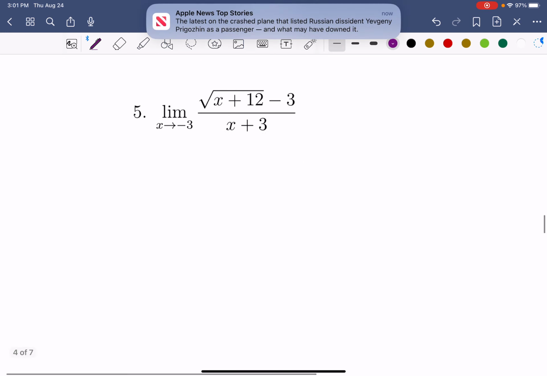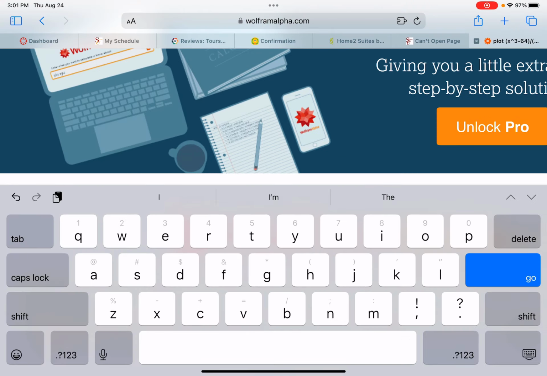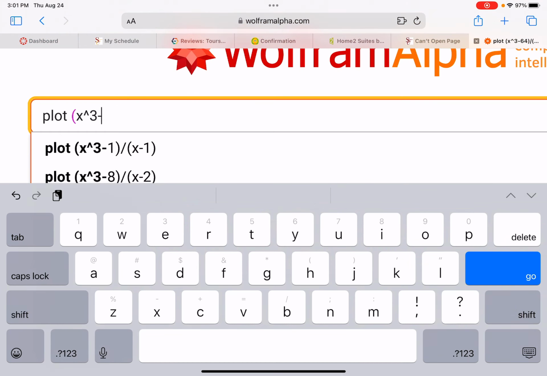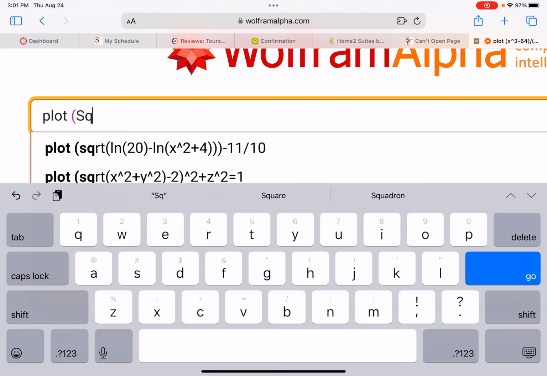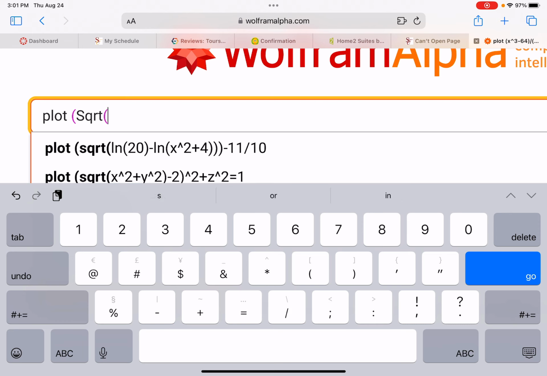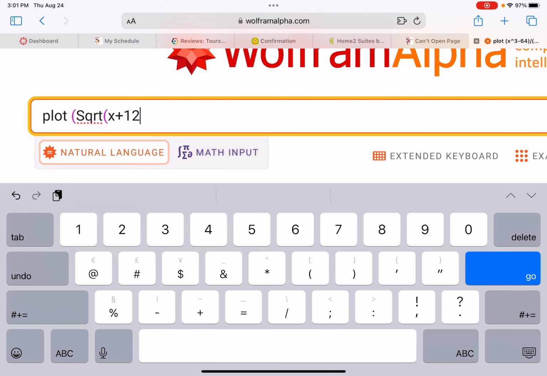And then last one, we've got this square root going on here. And so let's graph that one as well. You're going to plot square root x plus 12 minus 3. Close your parentheses, then divide by x plus 3.